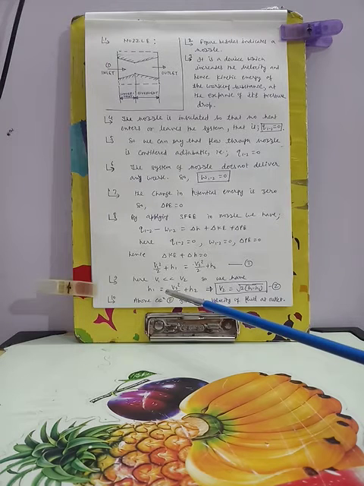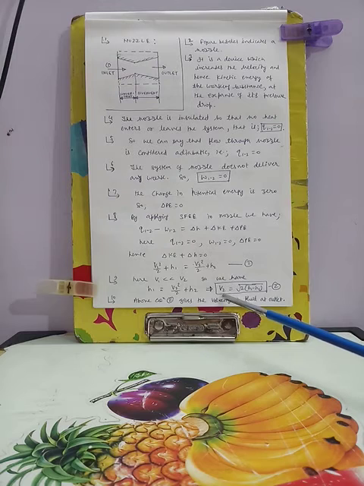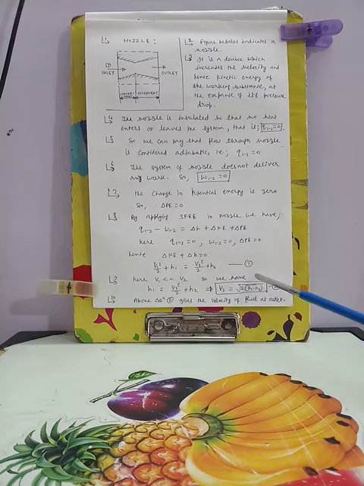So using the rest of the quantities we get V2 is equal to under root of 2 into (H1 minus H2). This is the final equation.